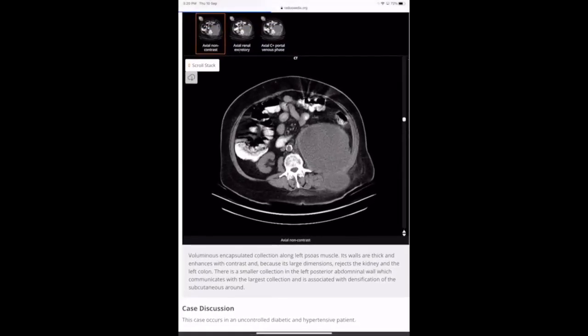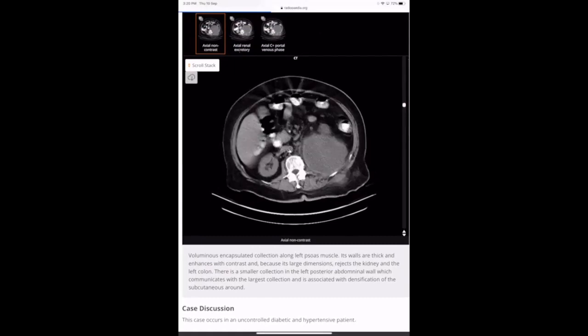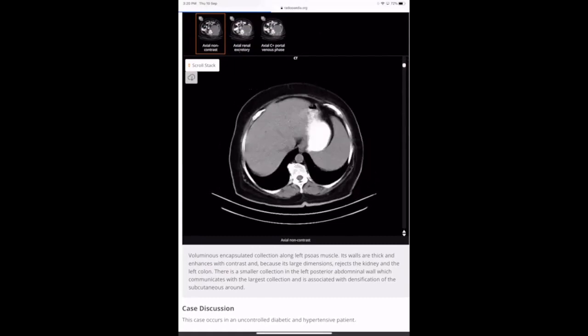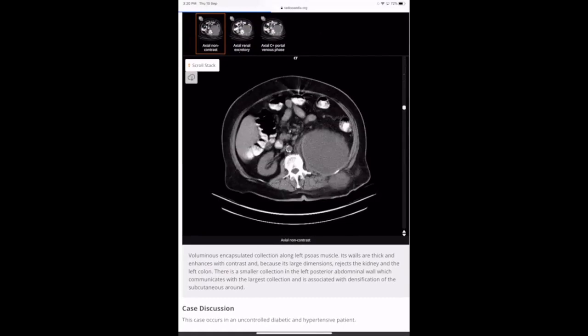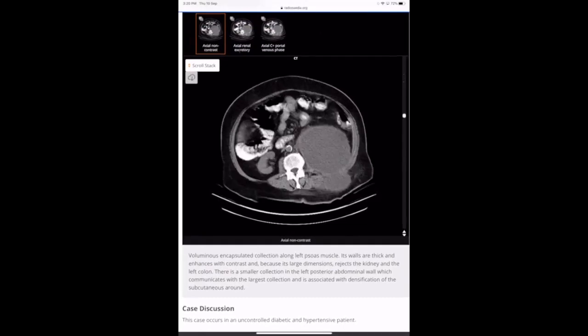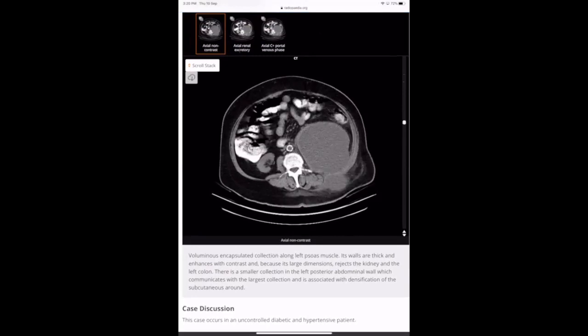See, the larger accumulation is the psoas abscess. To your right, that means the left side of the patient, left of the vertebral body, there is a large accumulation.